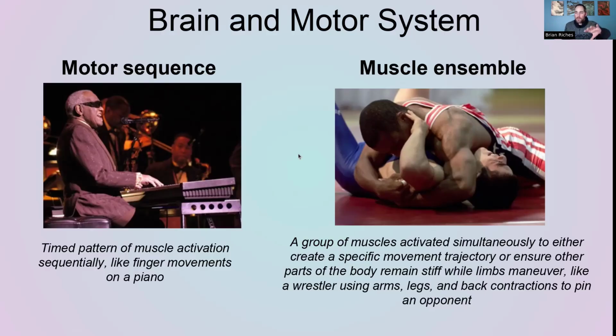But you run down with your pole, you put it in the thing, you are running fast enough, and you drive your knee, and your pole bends, and that pole basically changes your forward momentum to upward momentum, and then you do an upside down push up off of the pole to jump over the little bar. So complex set of movements, but it's an ensemble, right? It's activating simultaneously.